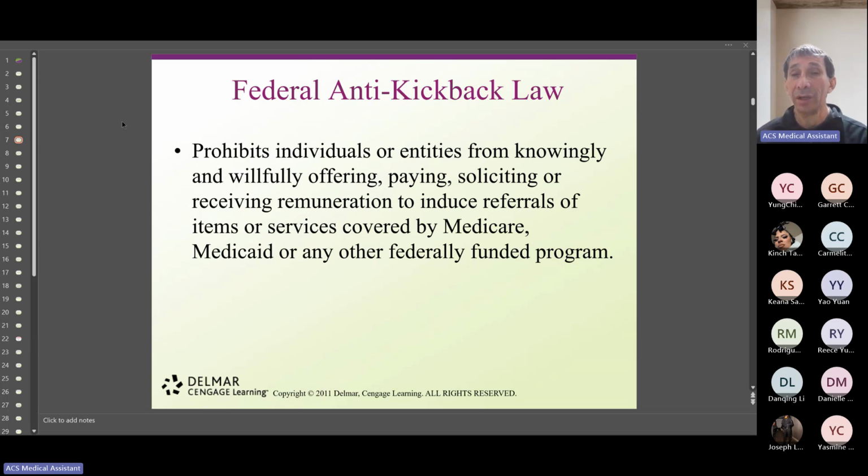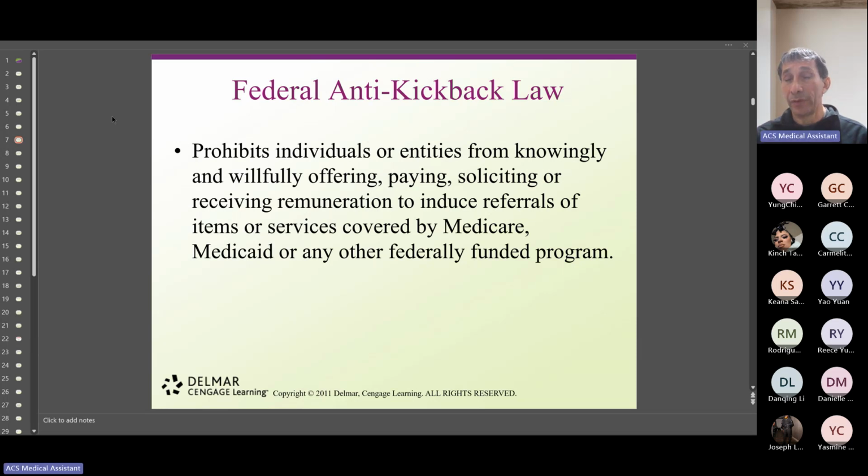But in the medical field, it's illegal. This happens more often than you think. It's just that sometimes you don't get caught. It's not legal. It's illegal to refer patients to someone and then receive compensation from them.